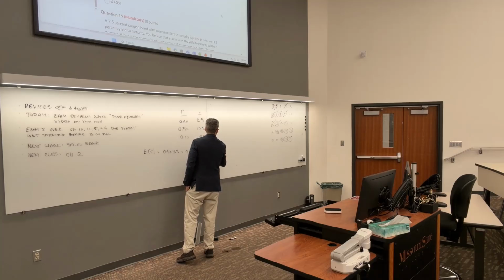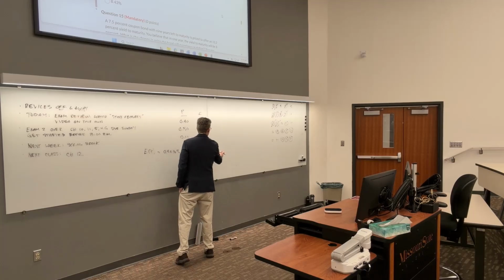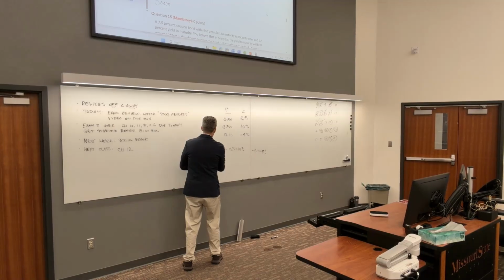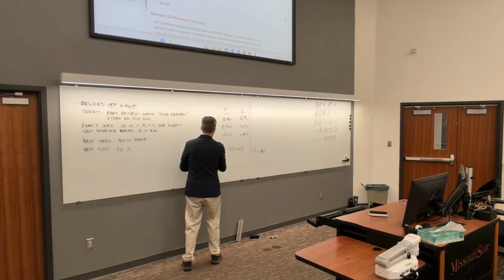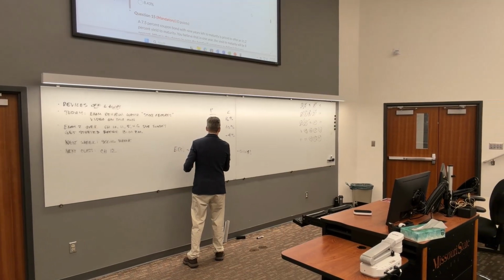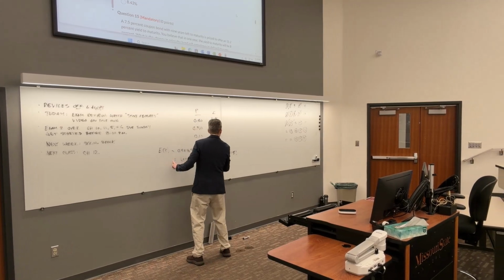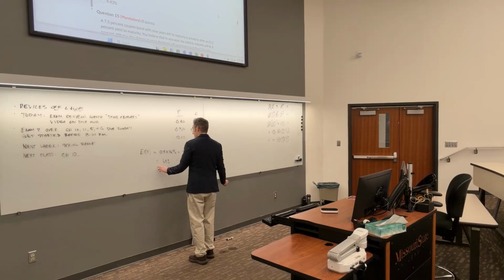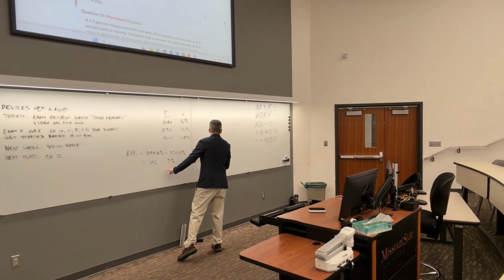Notice, I just took the minus off the 4 and put it out here. There's no magic there. So this is 6.4% plus 5% minus 0.4%. And so I think this is just 11%.